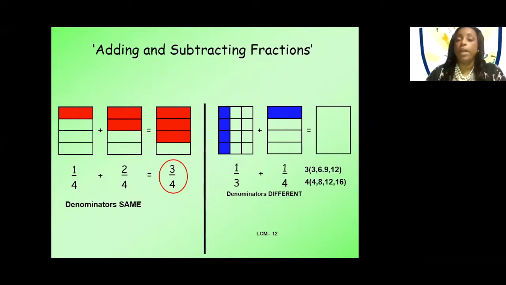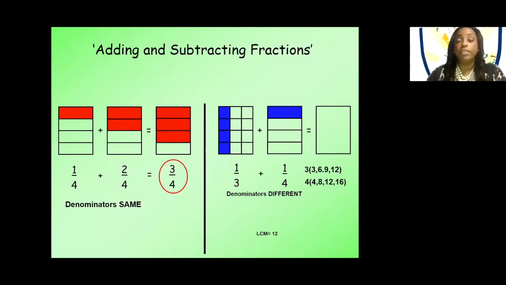So we want to go ahead and list the multiples first of 3, and then list the multiples of 4. Then we're going to look at both of the listings and choose the lowest common multiple, that multiple that is common to both of the numbers. And again, in this case, our LCM will be 12.